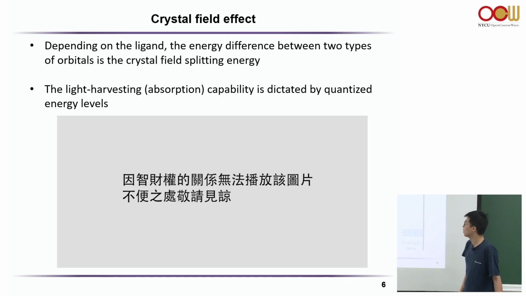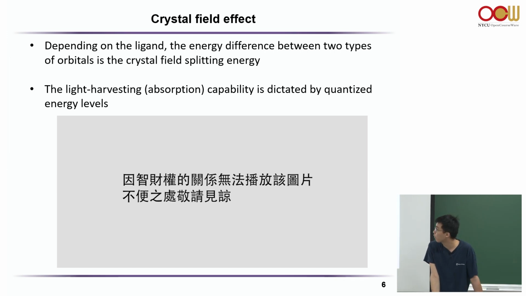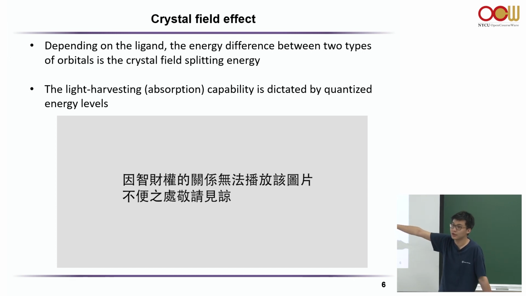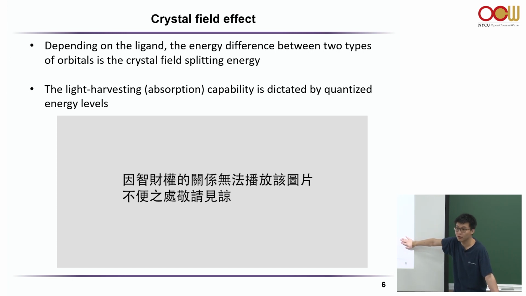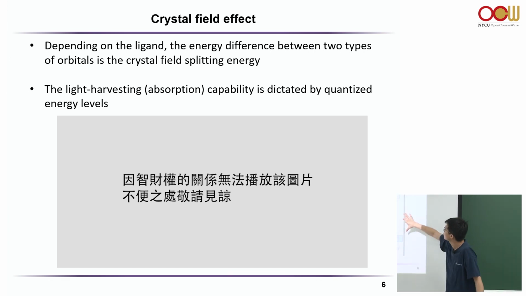If you look at the far left, when you have fluoride as your ligand, it's a weaker field ligand. That's why the difference between the 2 energy levels is smaller in comparison to the stronger field ligand, the cyanide group. This is that delta. We call this energy difference the crystal field splitting energy.